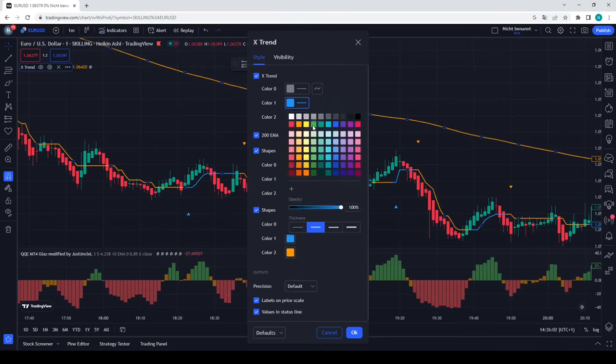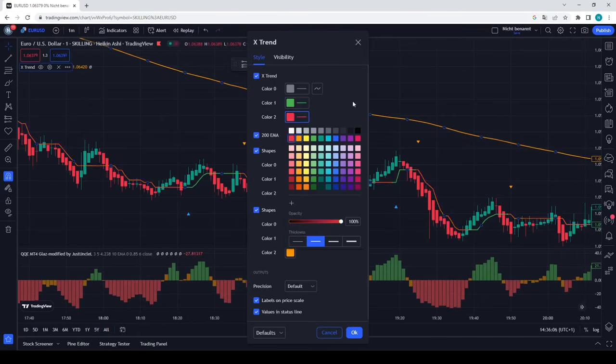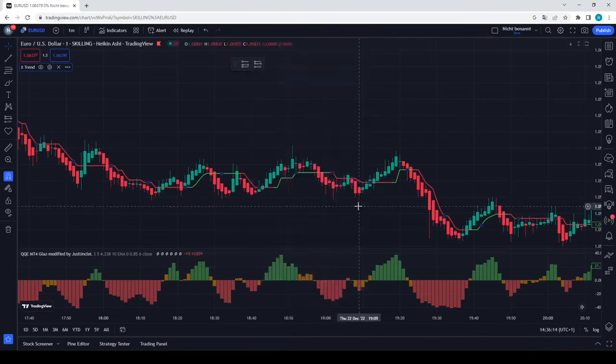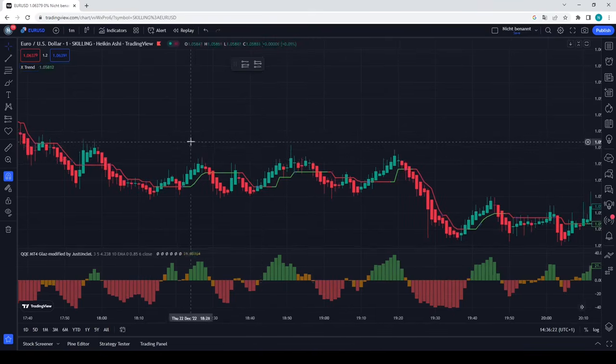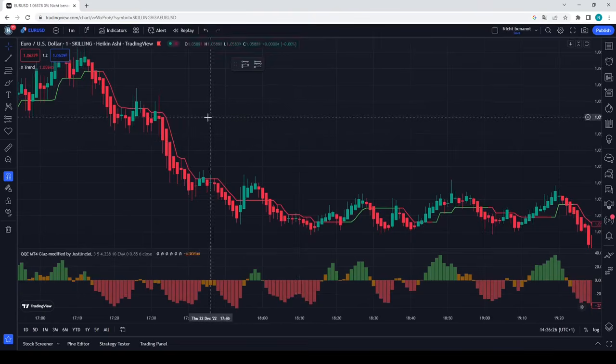Color 1 will be green. Color 2 is going to go red. We uncheck the 200 EMA and we uncheck both shades and click on OK. And with this setting, we are good to go. Now we dive deep into the strategy to see how it works.